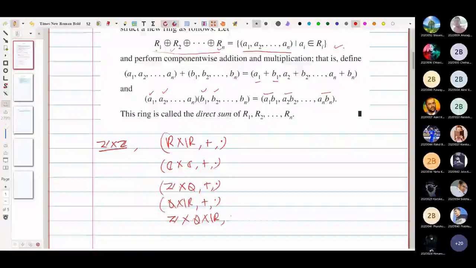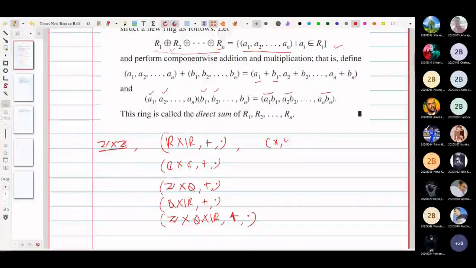When I say this is the usual addition and multiplication, addition is component-wise addition and multiplication is component-wise multiplication. You know how component-wise multiplication works.